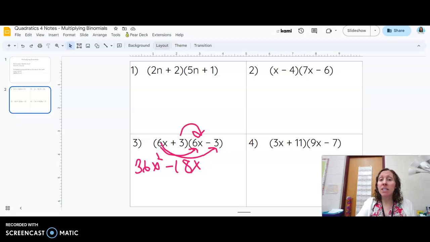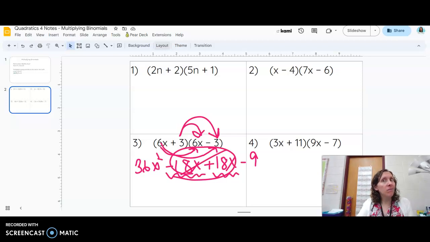So 3 times 6x is positive 18x. And 3 times negative 3 is negative 9. Negative 18x is the opposite of positive 18x. So together that makes 0 or nothing. So we don't need those terms. So it's just going to be 36x squared minus 9 as the final answer.